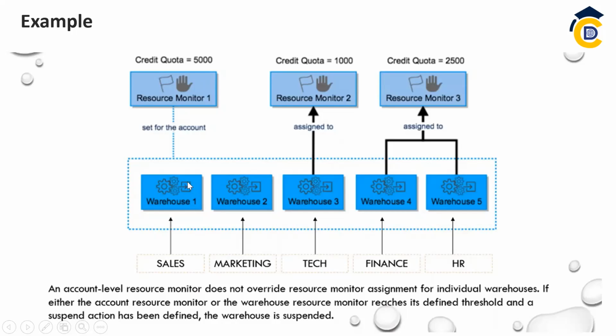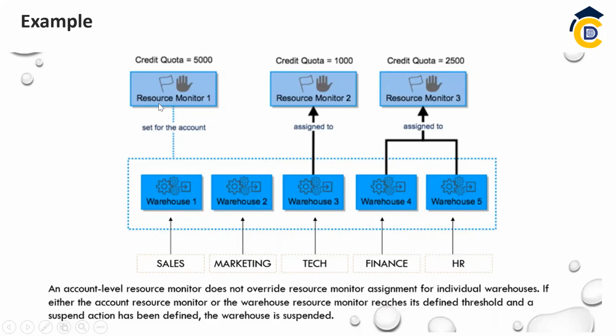So imagine warehouse 1 consumes 1,000, warehouse 2 consumes 1,000, warehouse 3 consumes 500, 4 consumes 1,000, and 5 consumes 1,500. So that makes it 5,000 completely, right?